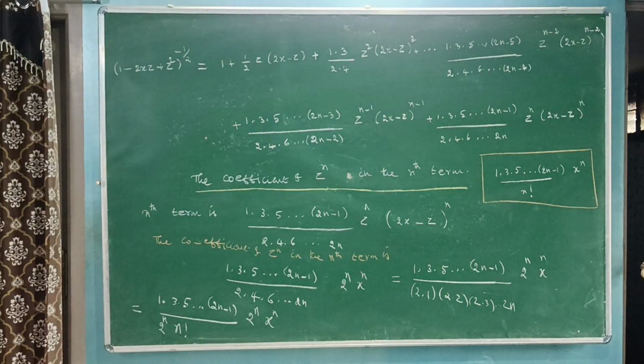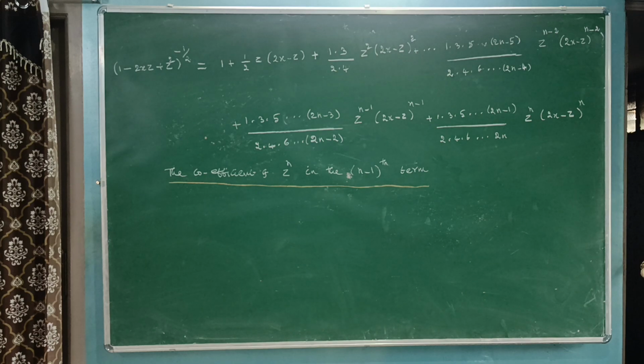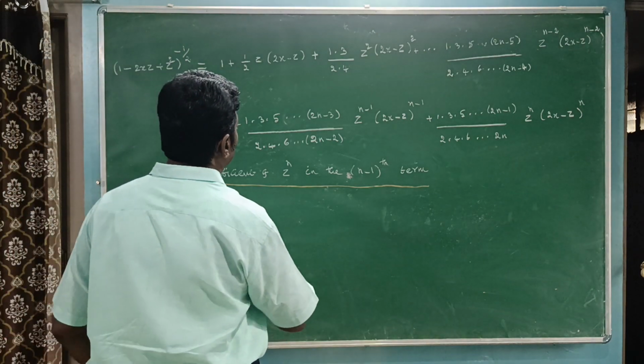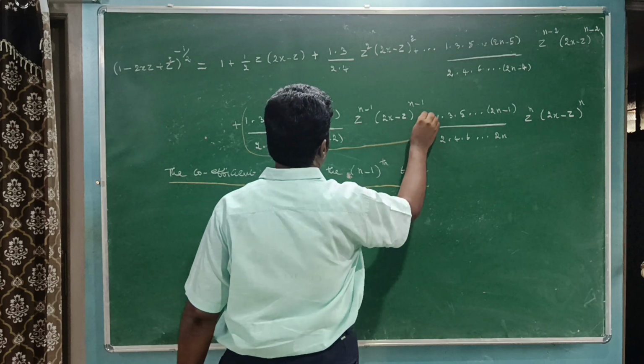In the same manner, we have to find the coefficient of z power n in the n minus 1th term. To find it, we have to concentrate on this n minus 1th term. We have to take this term.